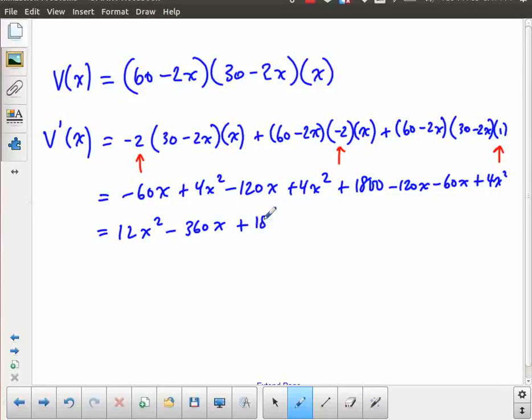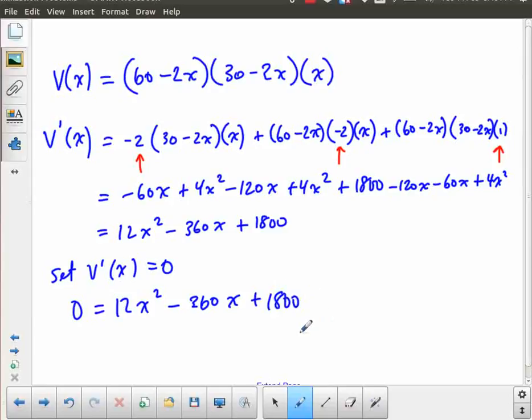So plus 1800. So from there, I'm going to set that equal to 0. So I set v prime x equal to 0. And I end up with 0 equals 12x squared minus 360x plus 1800.